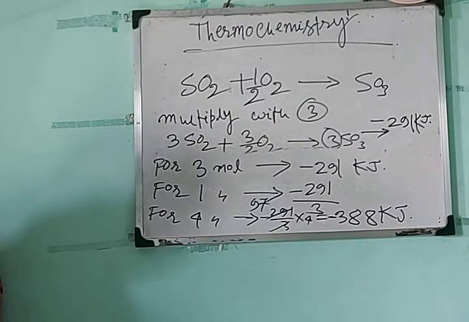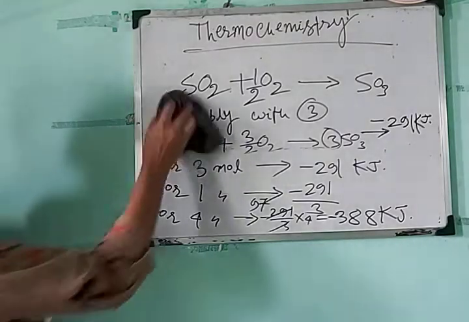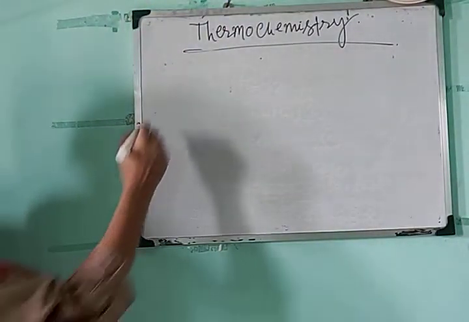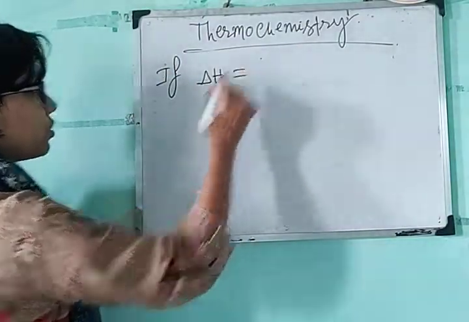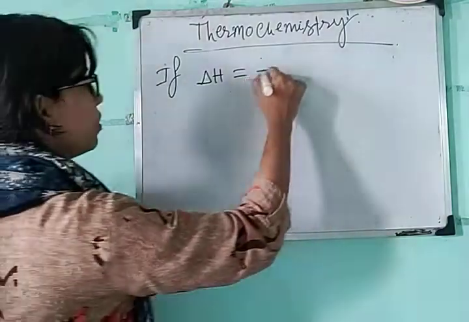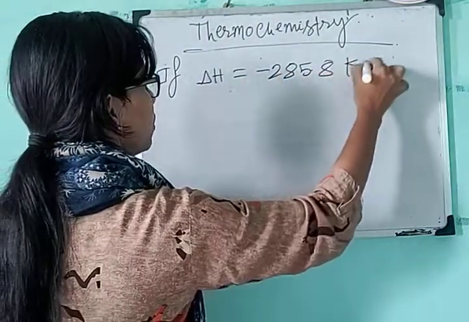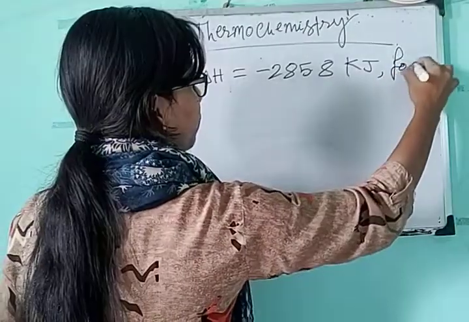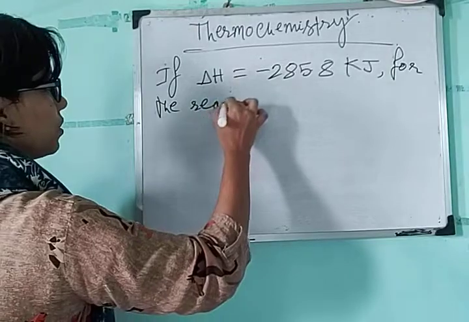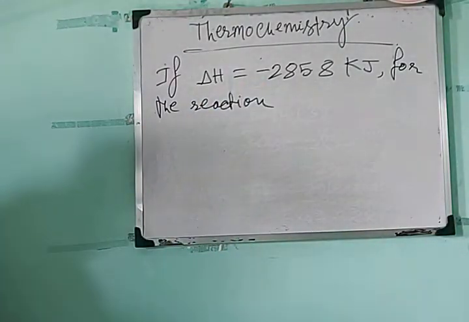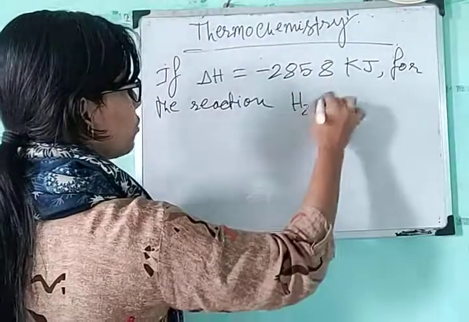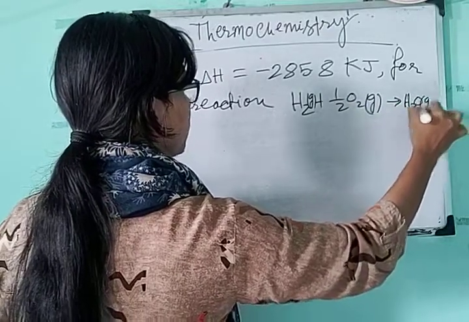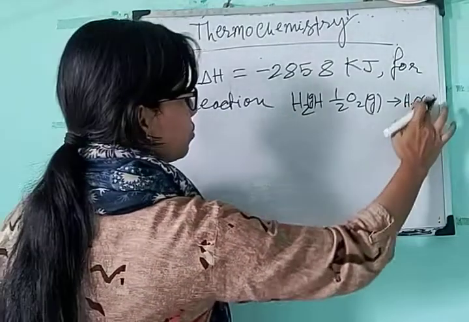Next question is that one equation is given. Delta H equal to minus 285.8 kilojoule for the reaction hydrogen plus half oxygen giving water, the formation reaction: hydrogen gas plus half oxygen gas giving water in the gaseous state, water vapor, or liquid state, liquid given.